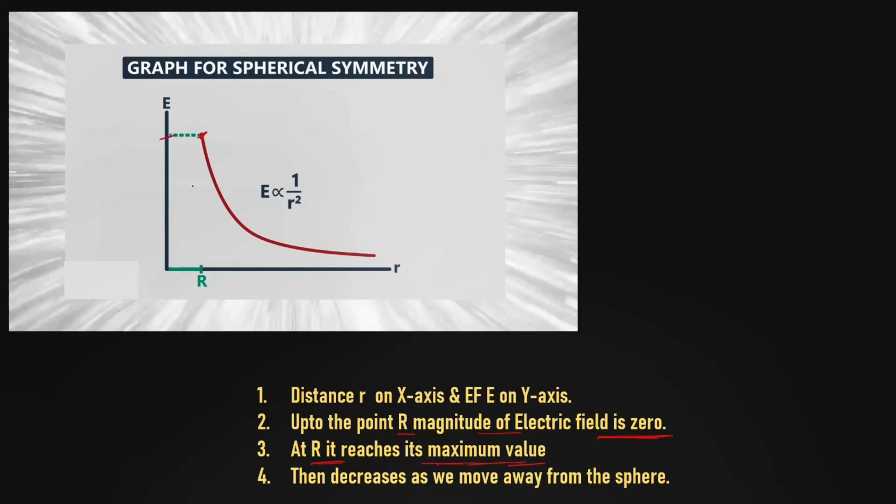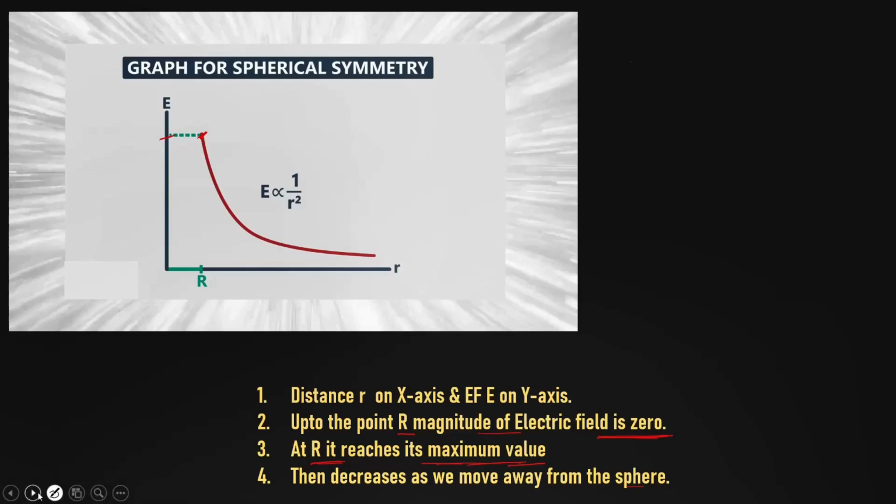After that, as we move away from the shell, at a point outside the shell, the electric field intensity decreases, varying inversely with r square. This is the graphical representation.